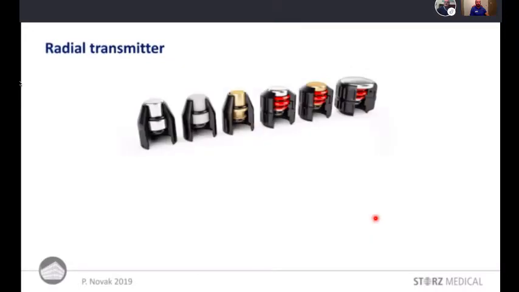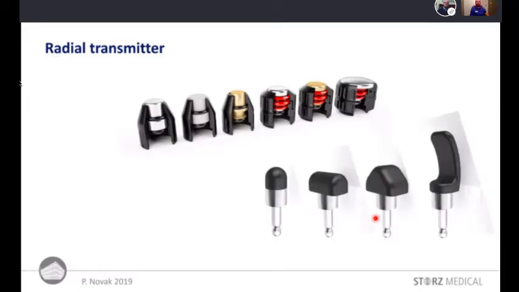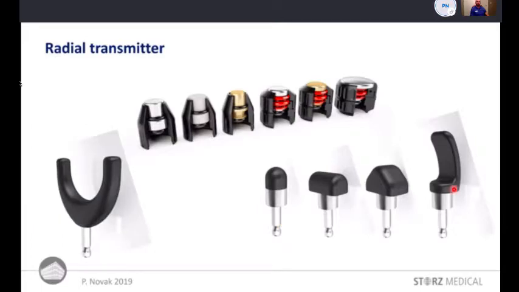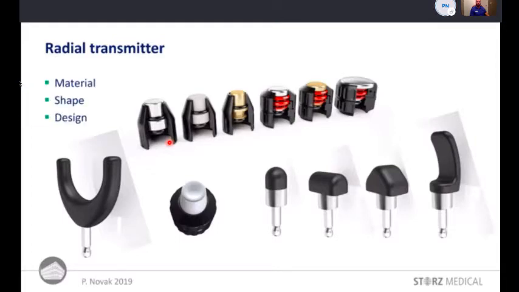Now we have different types of transmitters, so radial transmitters. It's a full scope range here, and these transmitters differ in 3 parameters. They are using different materials: steel, ceramics, titanium. They have a different shape, a large one, a small one, and of course they have totally different designs.